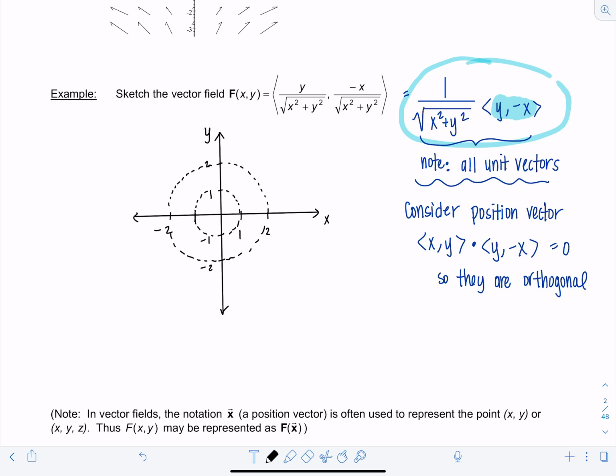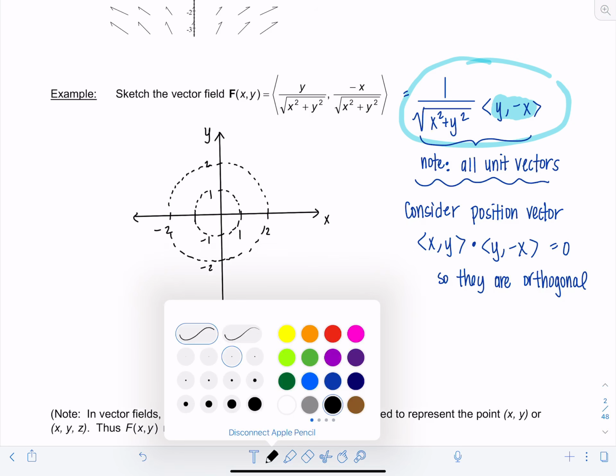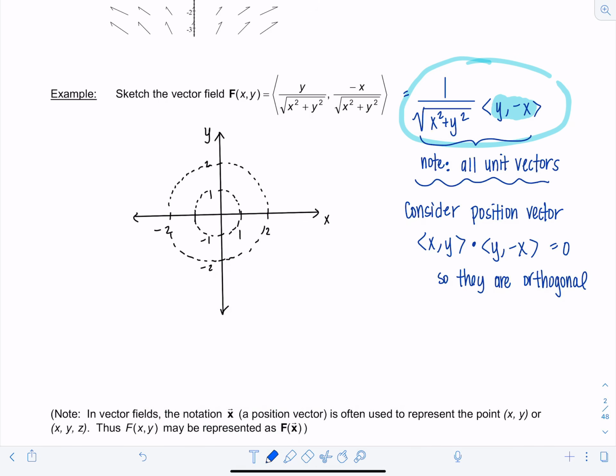Okay, so pick some arbitrary position vector. I'm not graphing the vector field, I'm just going to pick some random position vector. So I'll say I'm going to graph this little vector right here. That vector has components 0, 1.